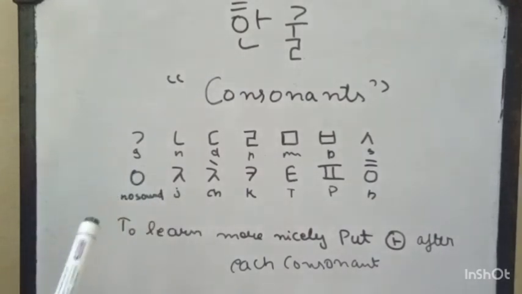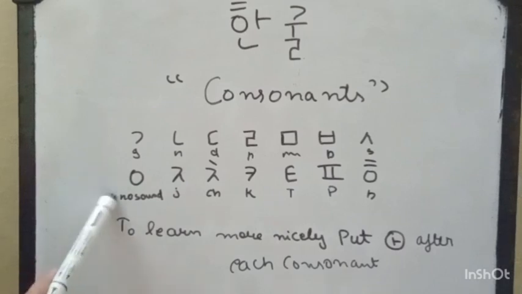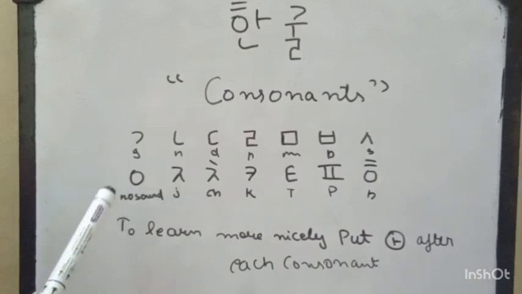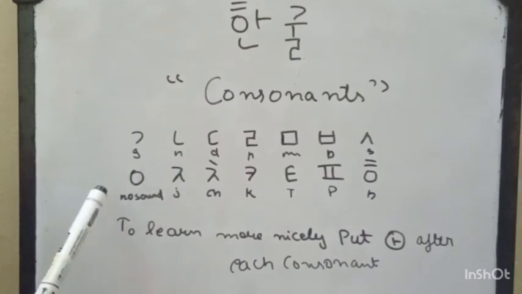Okay. So, this one actually does not have any sound. It is just pronounced like a. It is actually put in a different place. You can also say it has no sound, but I think giving it a sound would be much more convenient.